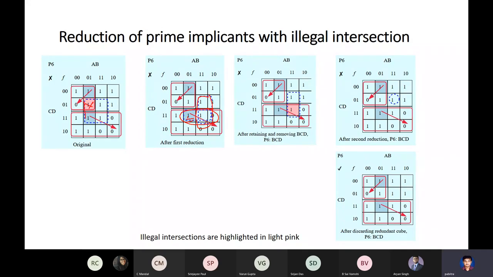Okay. So what I do is I remove this BCD. I remove this one. I get this because this was intersecting and it doesn't contain. Wait a minute. I break it down into this.